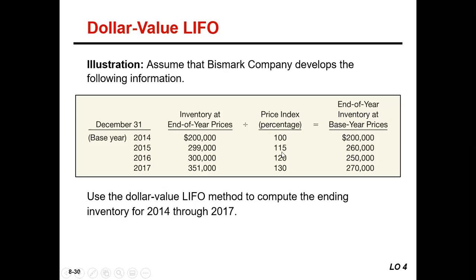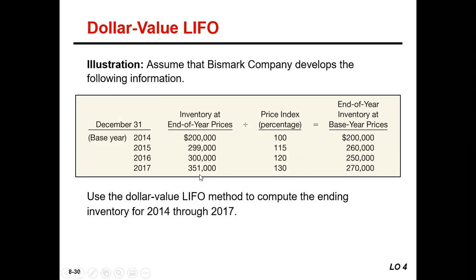That gives us that price index of 115%. In 2016, again, inventory at end of year prices, 300,000 compared to what that inventory would be at the base year prices. So that gives us a price index of 120%.